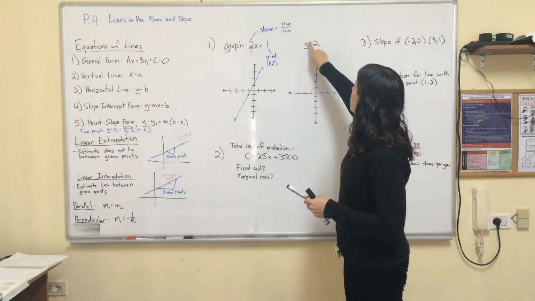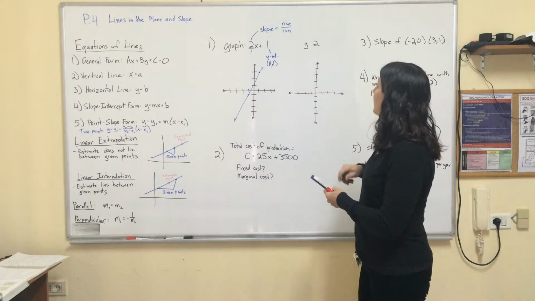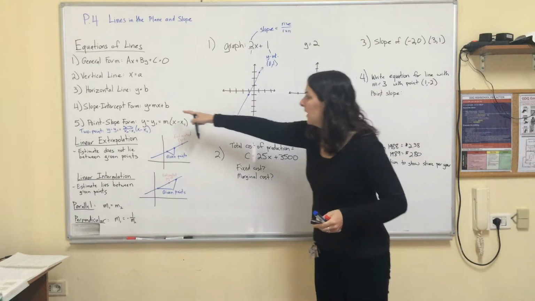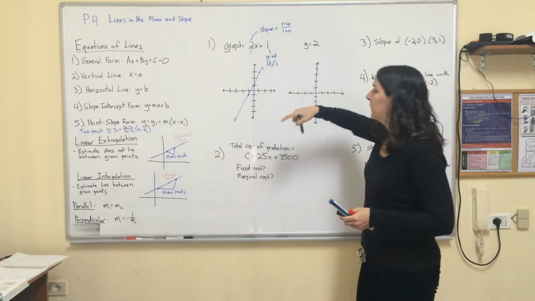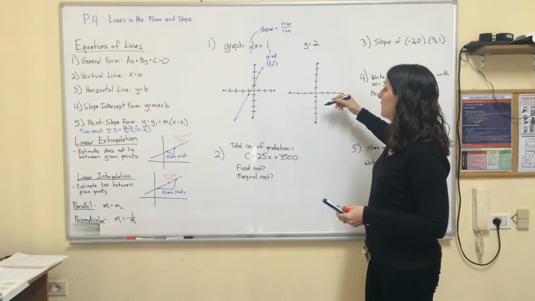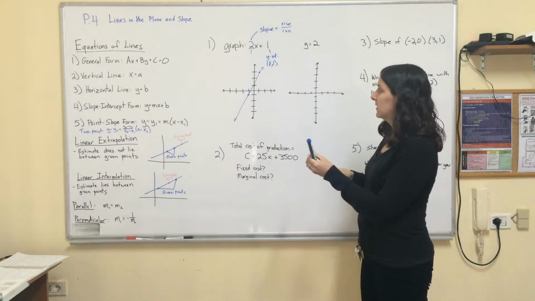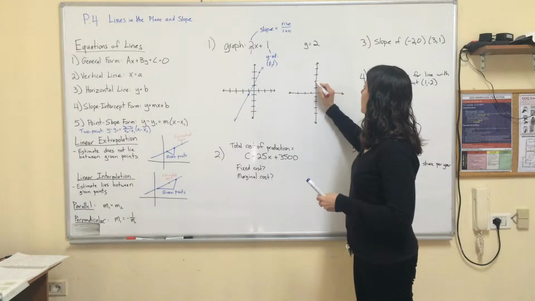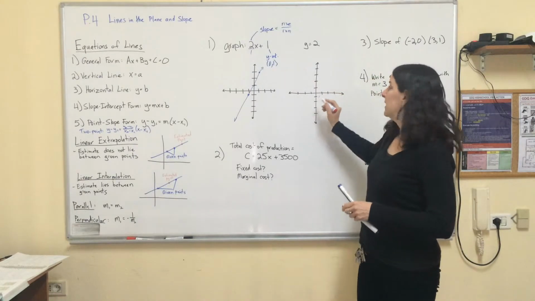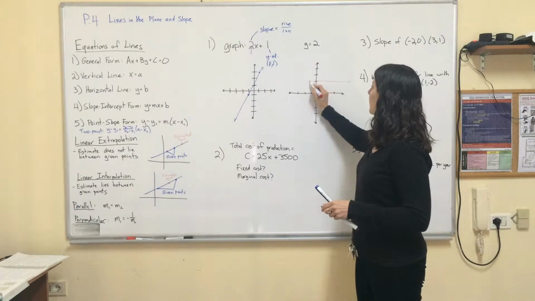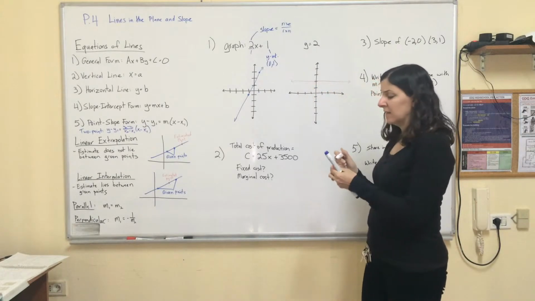Now if we have the equation y equals 2, we don't have a slope, but we do have the y-intercept. So we will go to wherever y is equal to 2. We'll do this in a different color. y is 2 at this point. If y is always equal to 2, it's going to be a horizontal line.